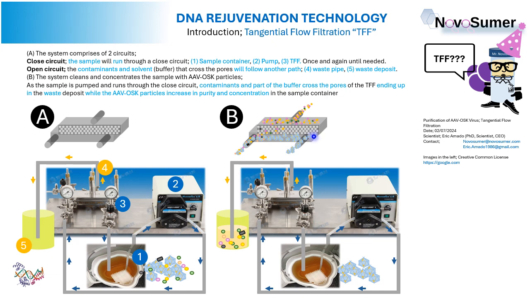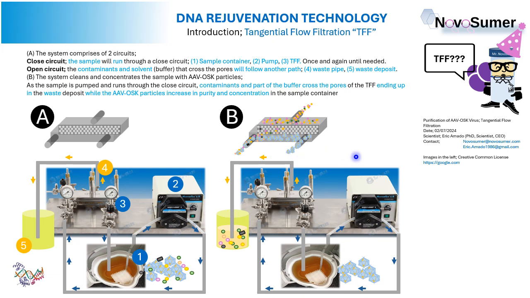So the EVOs goes out of the TFF device very clean and concentrated through the outlet pipe. As you can see here, this is the outlet pipe, so it ends up here.